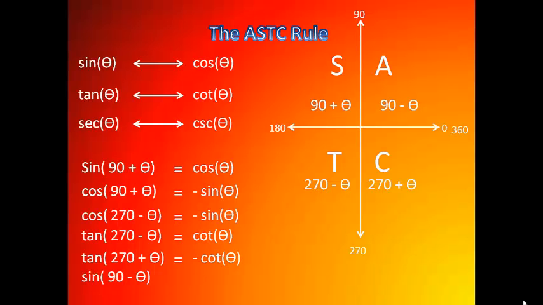Sine 90 minus theta. 90 minus theta lies in the first quad, the family home. All the trigonometric ratios in the first quad are positive, so no need for a negative sign. But 90 will convert sine into cosine, so the result will be cosine theta.